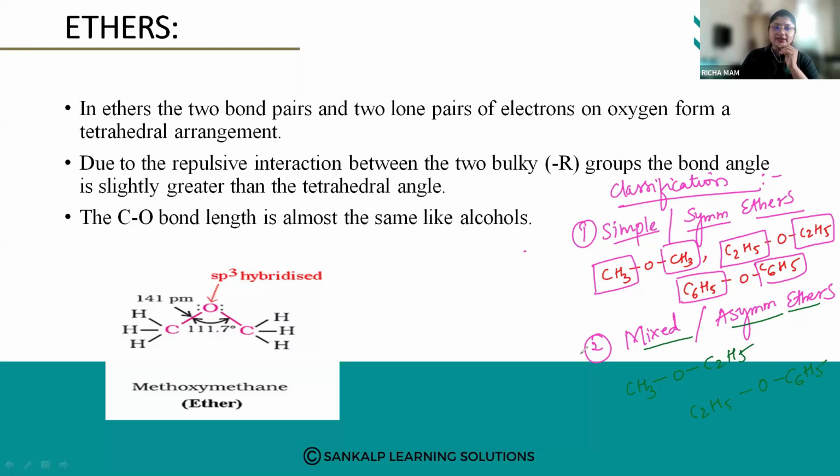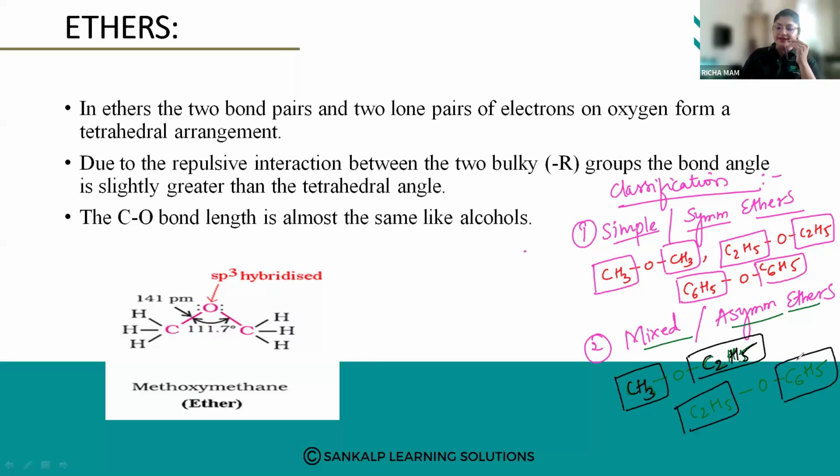What you can see here is that the alkyl or aryl groups attached to the oxygen atom are different. One is a methyl group, another is an ethyl group. When the alkyl or aryl groups attached to the oxygen atom are different, they are called mixed or asymmetrical ethers.